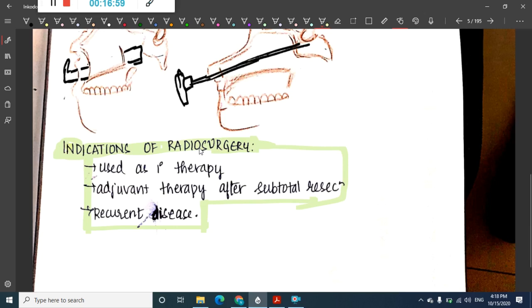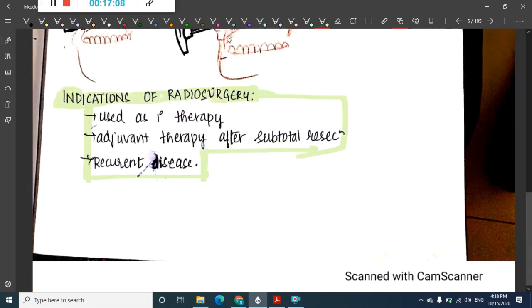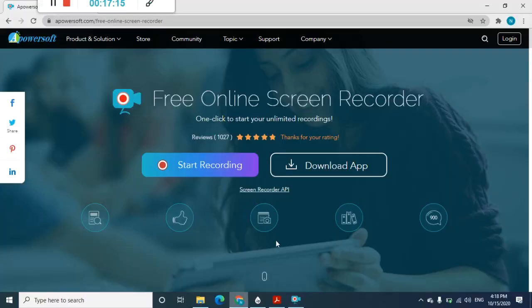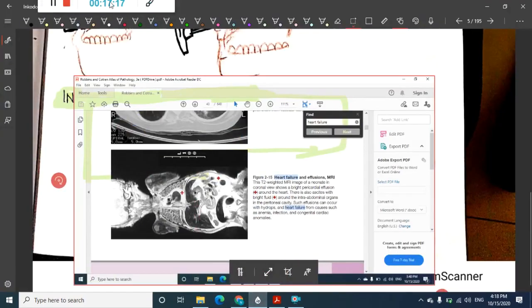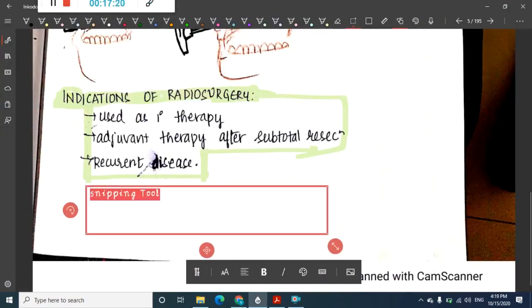Okay, now there are two one-liners which are important. I will write them here. So there are two important points. We have corticotroph cell adenomas.